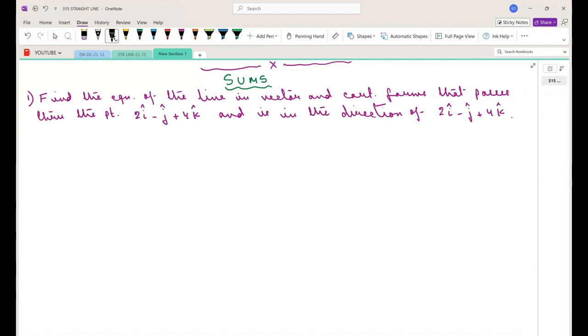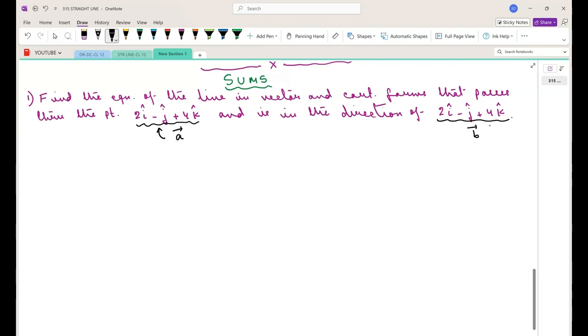And the given data is that the line passes through the point 2i minus j plus 4k. So this is the position vector of the point through which the line passes. That means in our formula, what we had taken as small a is this, and it is in the direction of this. That means this is vector b that we had taken in our formula, because this gives the direction of the line that we have to find.